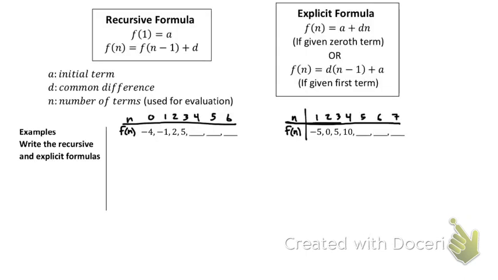All right, guys, so let's do some examples, and we are going to write recursive and explicit formulas for these 2 examples. So before we start, we have to understand a few pieces. If you look at this list of numbers, the list on the bottom, which we call f of n, this is actually the numbers in your sequence.